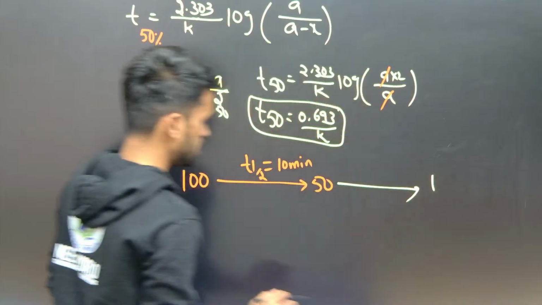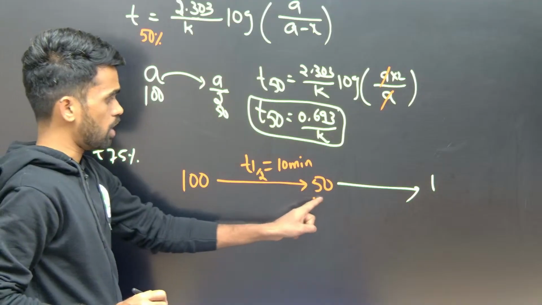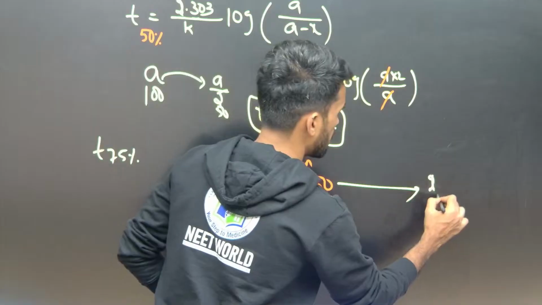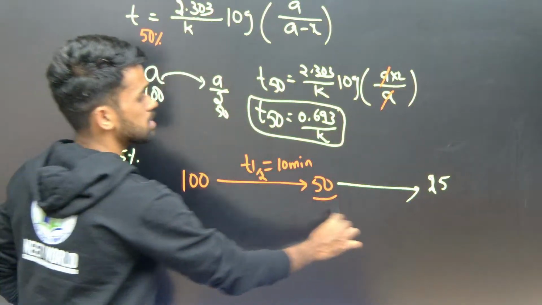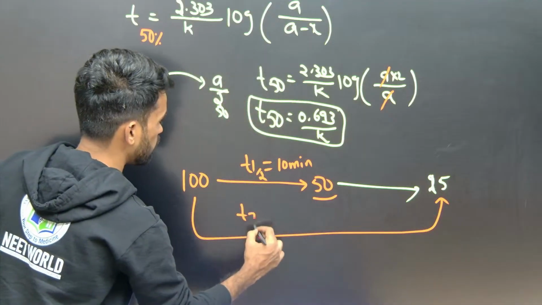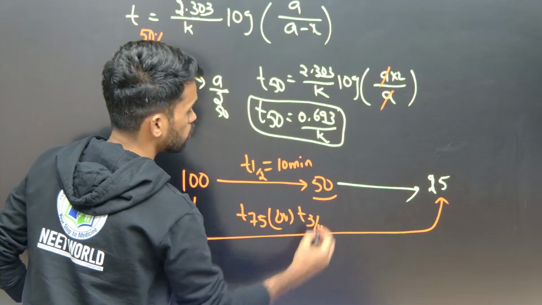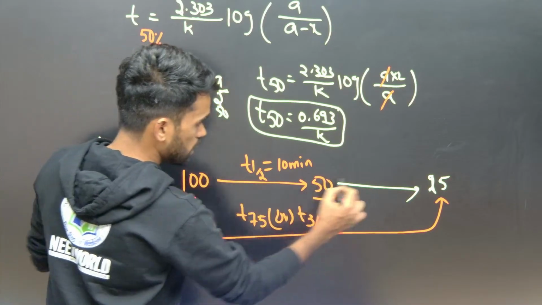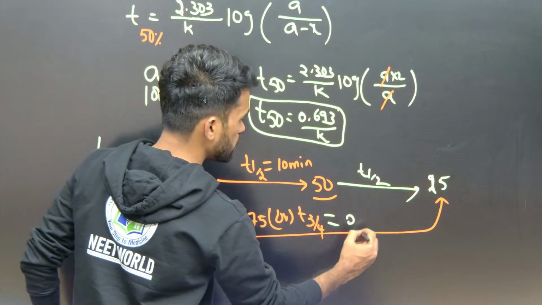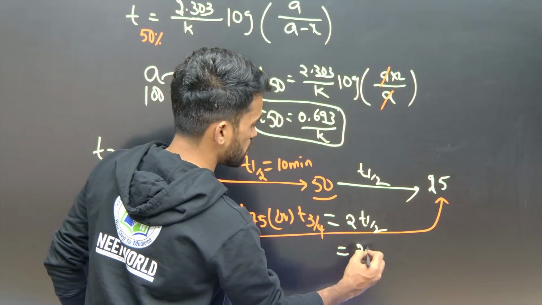I want t75%. From 100 to 50 it is 10 minutes; from 50 to 25, how many minutes? This is again a t half. So from start to here is t75%, or t3 by 4. This is the first t half, this is the second t half. Therefore t3 by 4 equals 2 t halves. So 1 t half is 10 minutes, which means 2 t halves is 20 minutes.